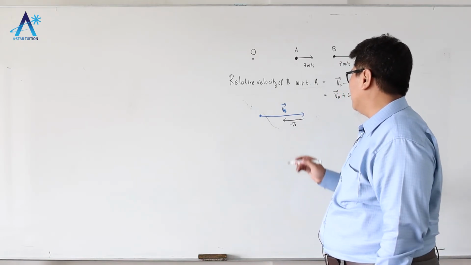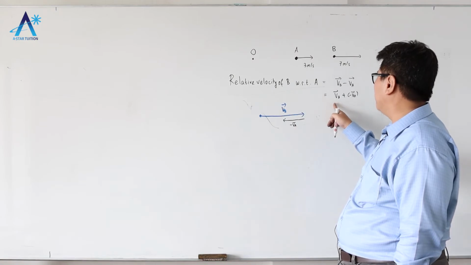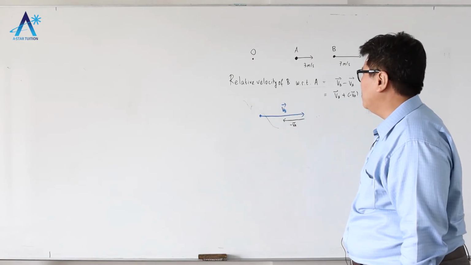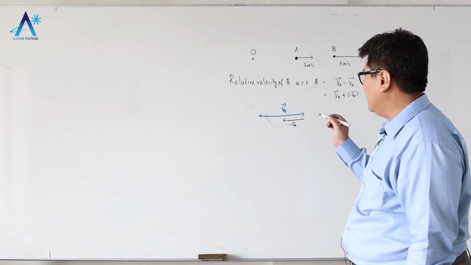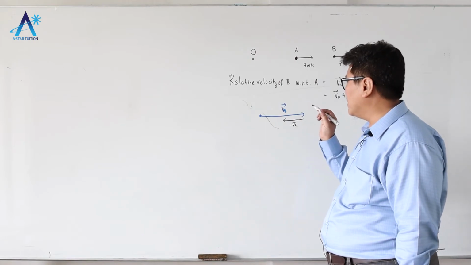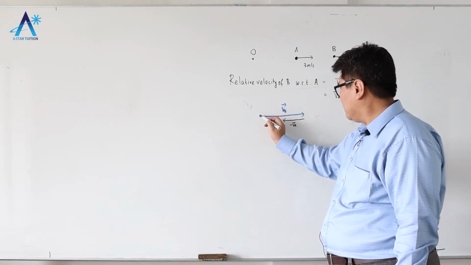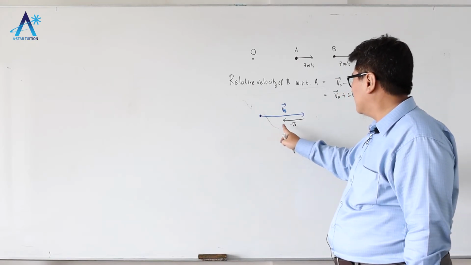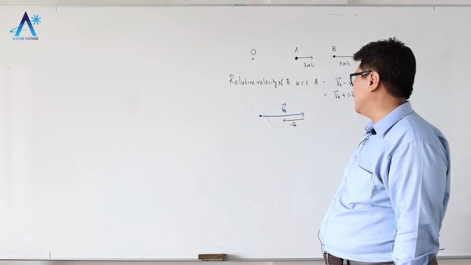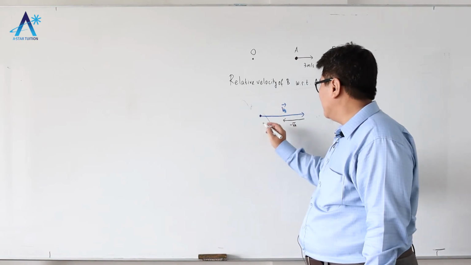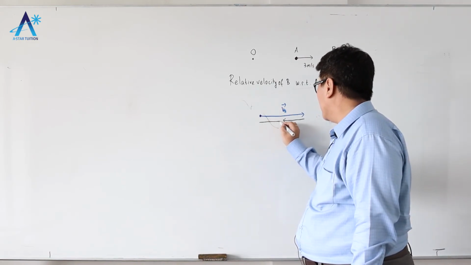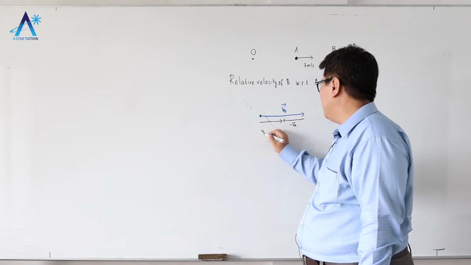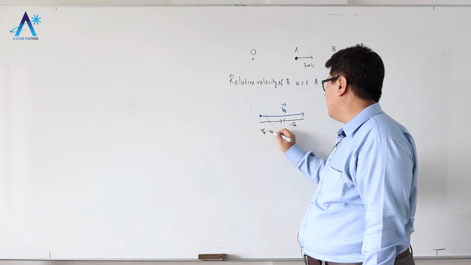Now, to find the resultant, which is VB plus minus VA, you draw a line from the tail of VB to the tip of minus VA, from here to here. So this is VB minus VA.